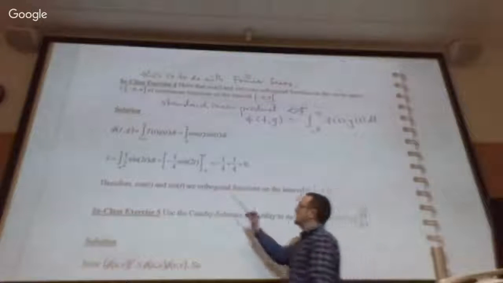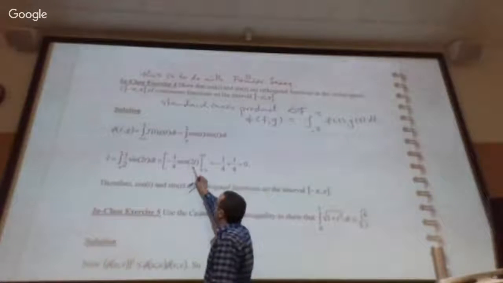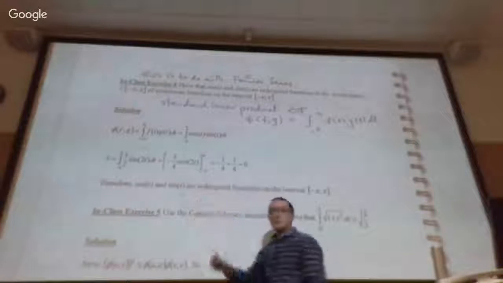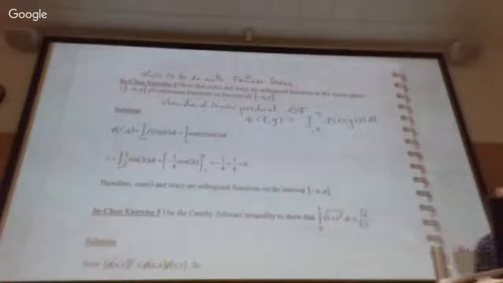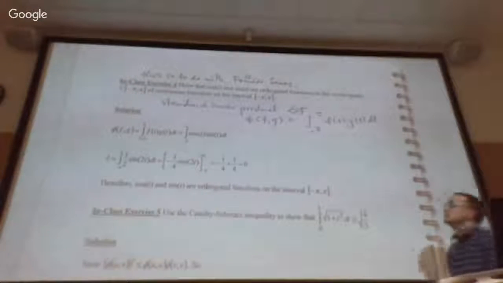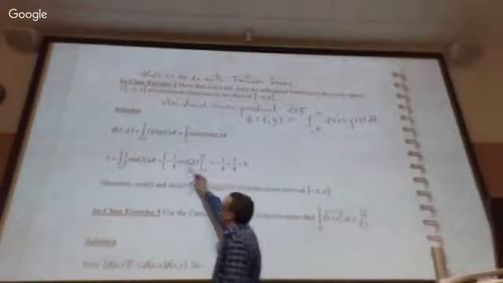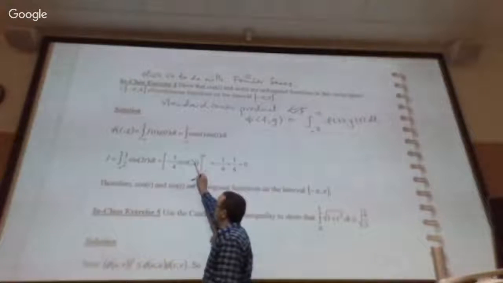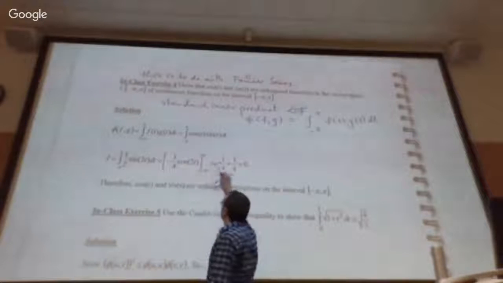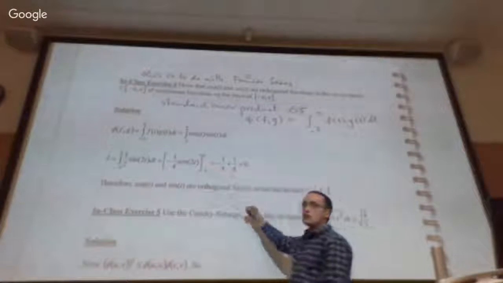So we're going to be evaluating cosine at 2 times pi and cosine at minus 2 times pi. Both of those evaluations of cosine are 1. So it's minus a quarter plus a quarter. So it does indeed come out at 0.